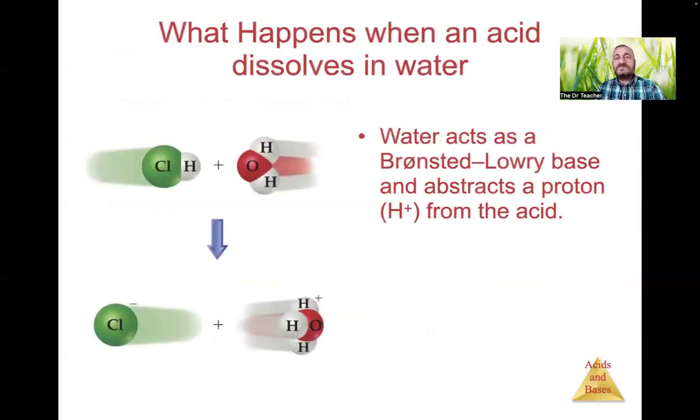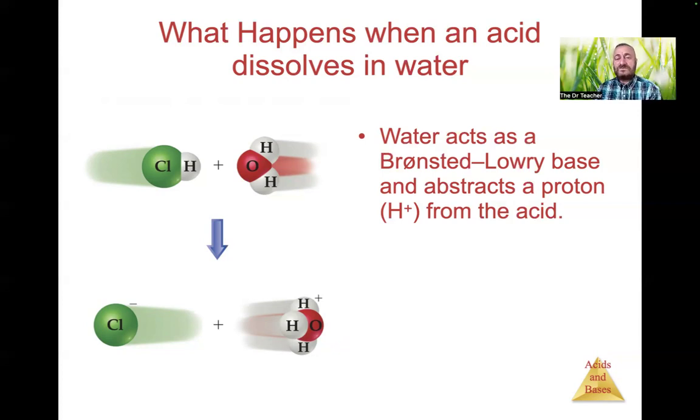So now what happens when an acid dissolves in water? You see here the acid HCl at the top left, and you have the water. So now the H will migrate to the H2O to become H3O plus, and then the Cl minus. So it looks like the hydrogen lost its electron to the chlorine.